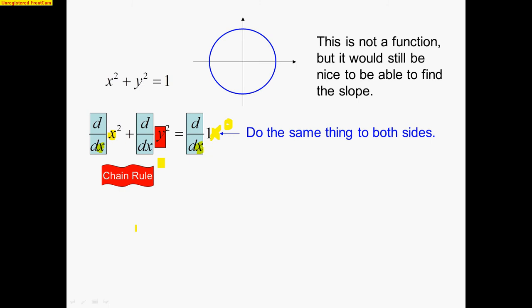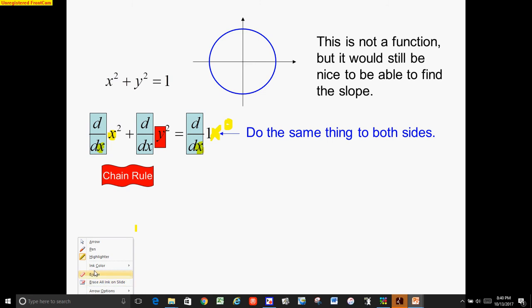So, differentiate x squared normally. What is the derivative of x squared? 2x. What's the derivative of the constant 1? 0. However, what is the derivative of stuff squared?